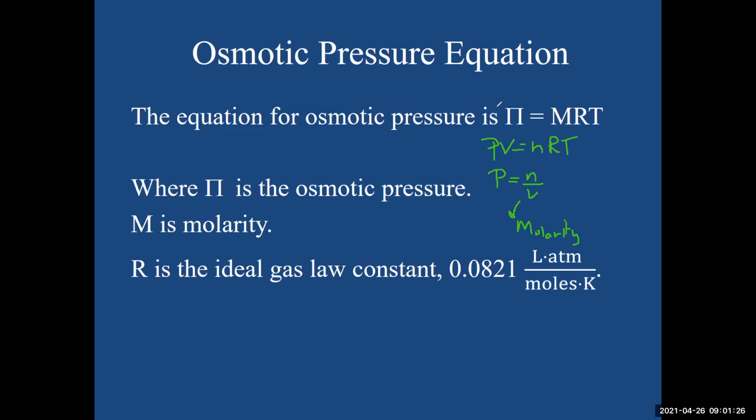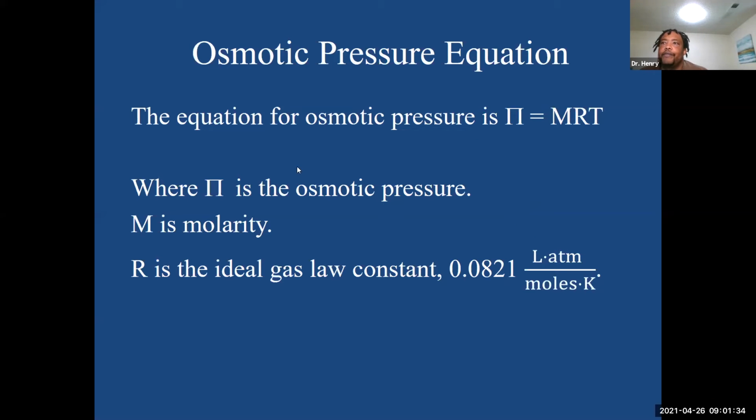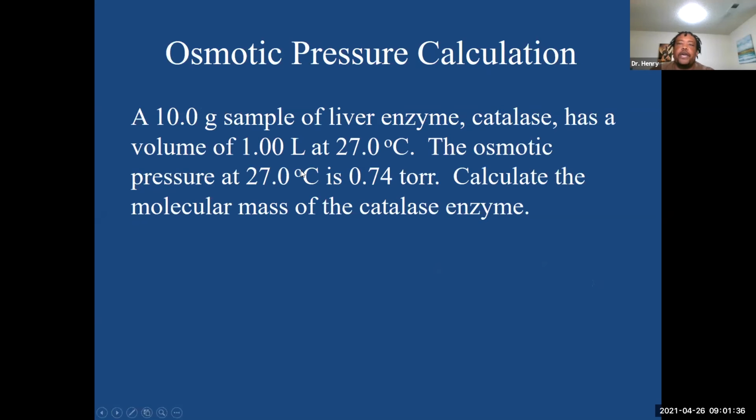Good. I know you guys are excited now. We get to the gritty part. Okay, let's use this equation. Osmotic pressure calculations. A 10.0 gram sample of the liver enzyme catalase has a volume of 1.00 liters at 25 degrees Celsius.